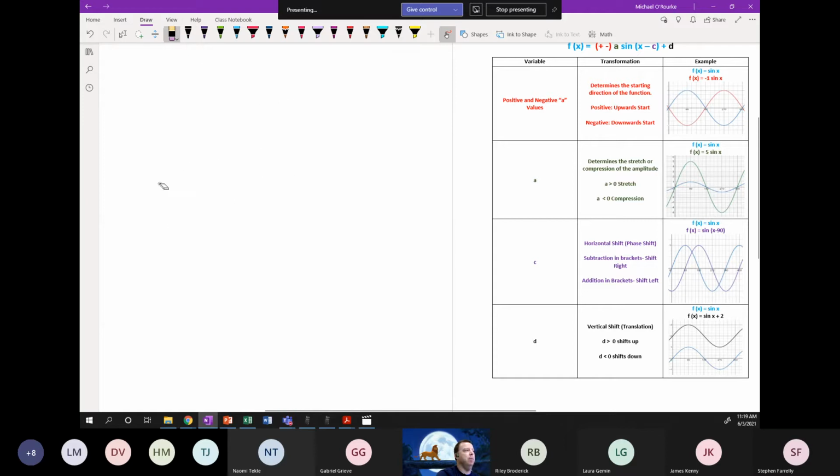Okay. So here's what we're going to do. I'm going to write down the equation, okay? I want you to tell me the amplitude, the horizontal shift, the vertical shift, and the starting direction. As I horribly misspell all those things, I'm going to erase it and actually make a chart. Okay.